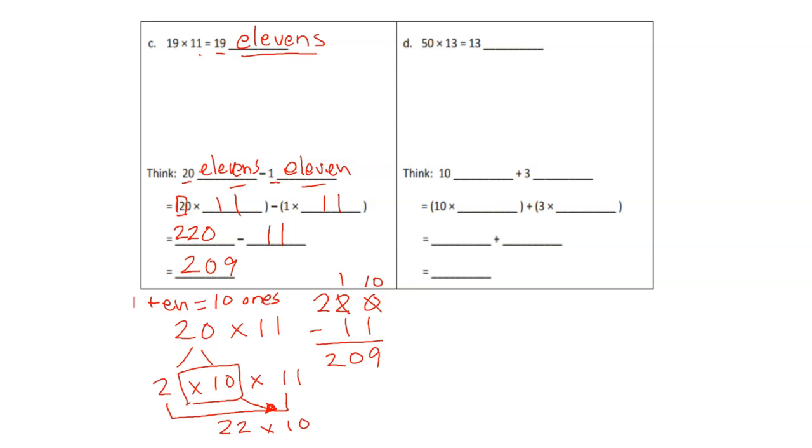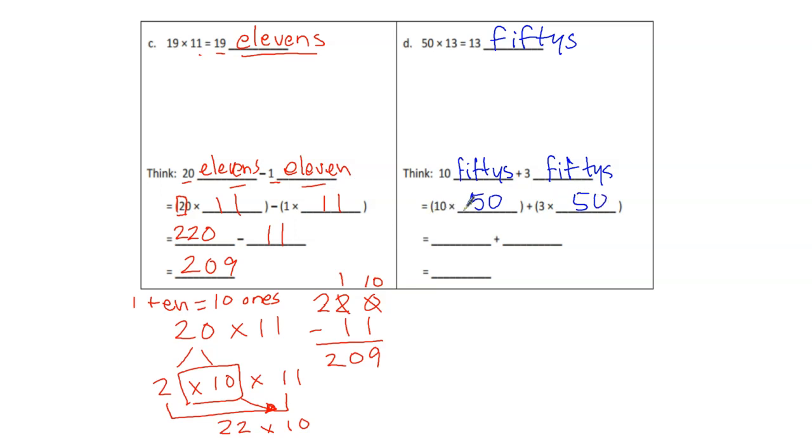Let's go ahead and wrap this up. So now I have 50 times 13, which is equal to 13 fifties. 13 fifties can be renamed as 10 fifties plus 3 fifties. So I have 10 times 50 plus 3 times 50.